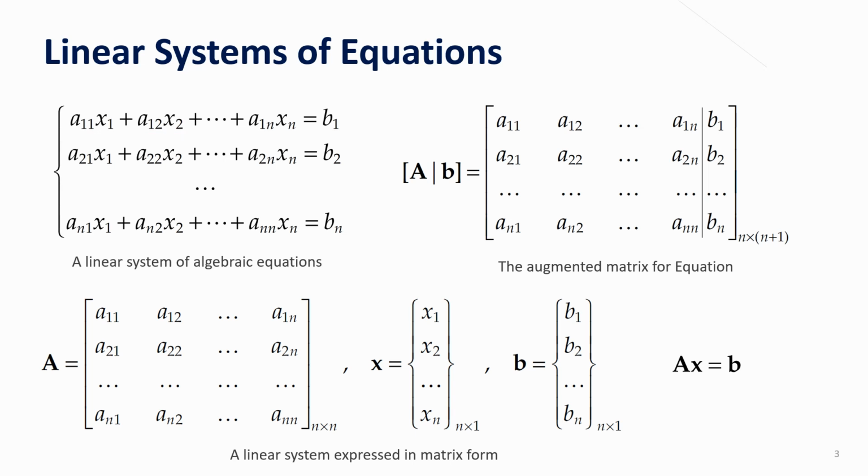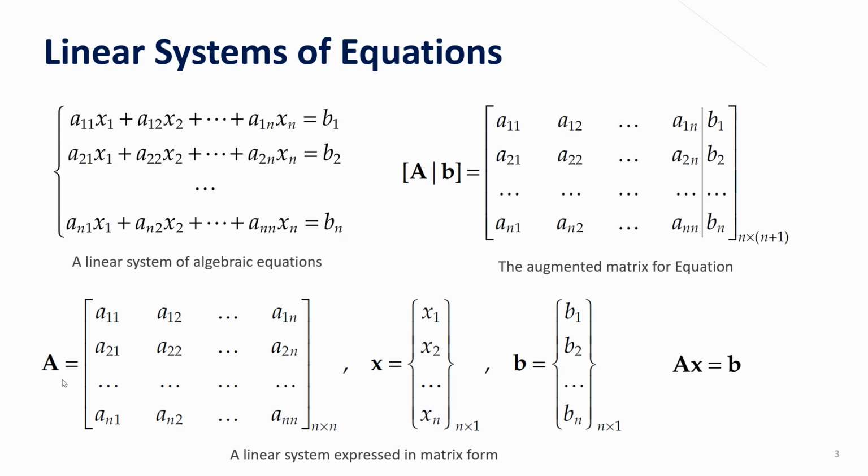And we also have known constants here, b1, b2 until bn, which represent the right hand side of each equation. And then this can be expressed in a matrix form.